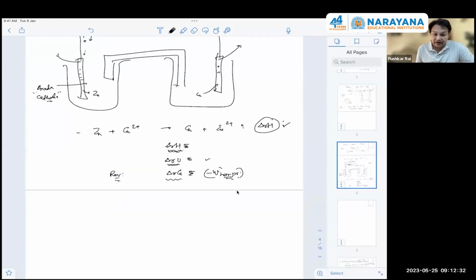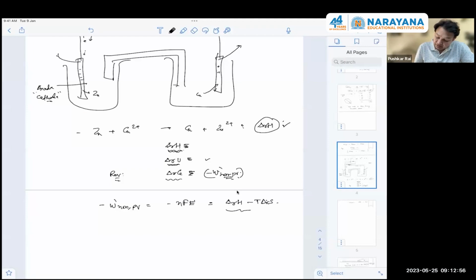So delta RG will be minus W dash. And so we get a relation: minus W dash non-PV, which is minus nFE, whatever E is, and that should equal delta RH minus T delta RS.